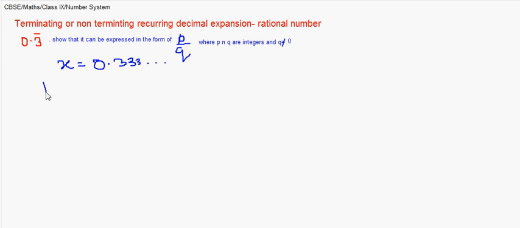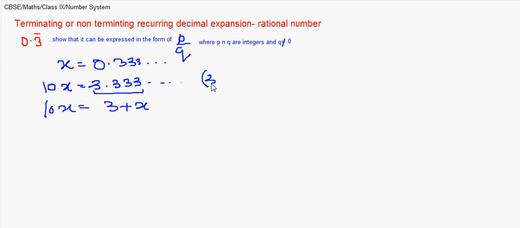I get 10x on this side, and the decimal representation now becomes 3.333 and so on. This can also be represented as 3 plus x, because 3.33 is also 3 plus 0.33 and so on.